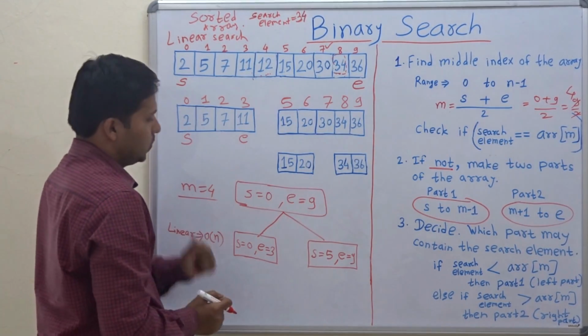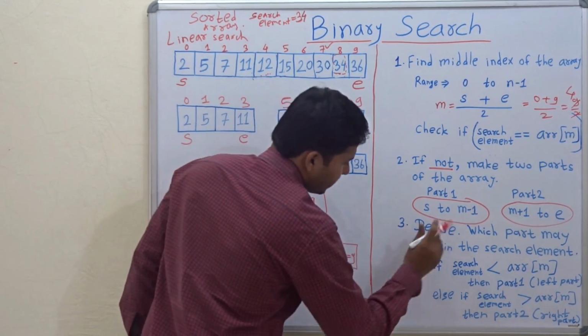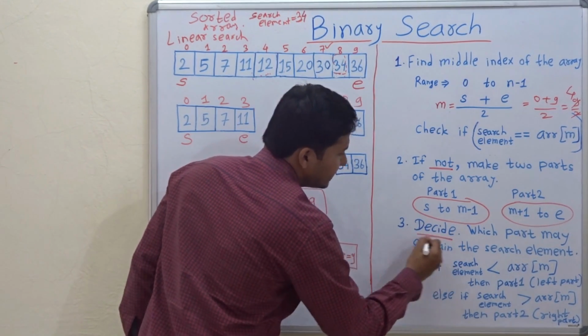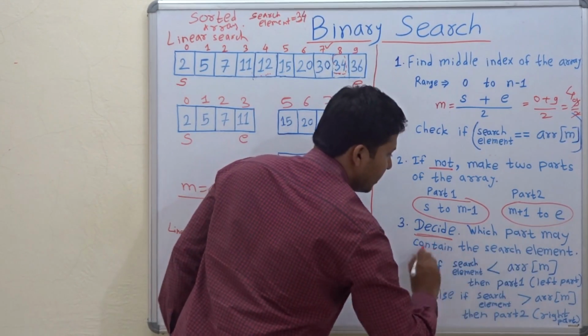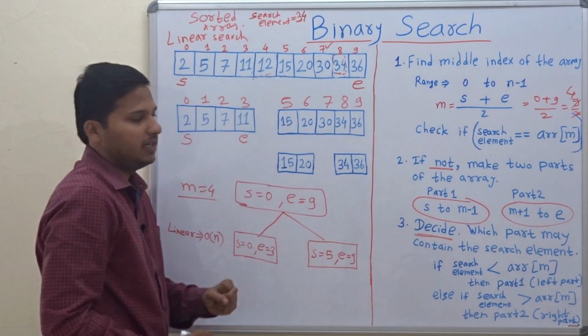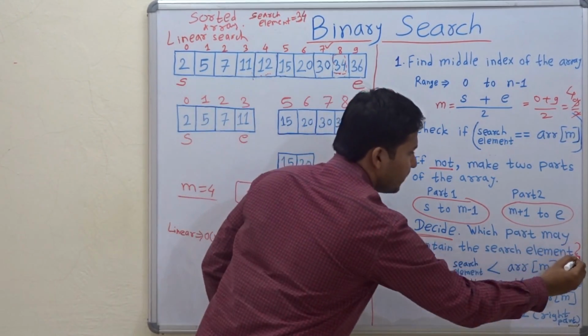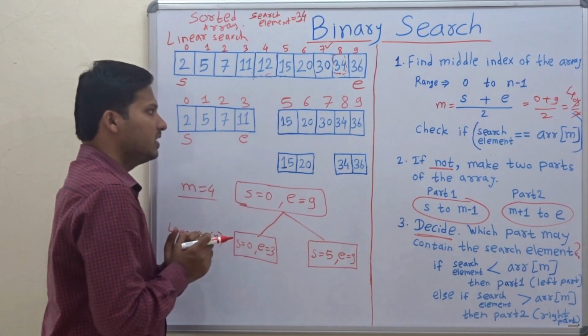Now let's go to the third step. The third step is decide. What do we have to decide? Which part may contain the search element? You have to decide that. So how do you decide?